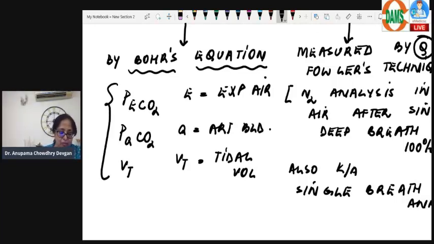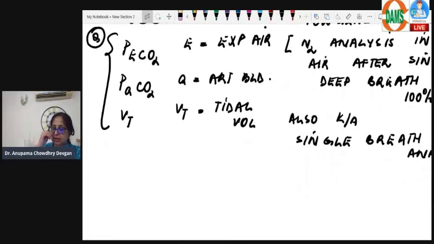If I have these three measurements with me, I can use the Bohr's equation. This was again asked as a question: if I know these three parameters, what can I measure? I can measure the physiologic dead space. Bohr's equation says VD is the physiologic dead space.